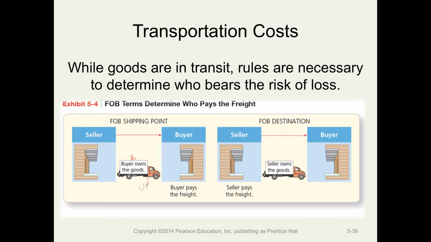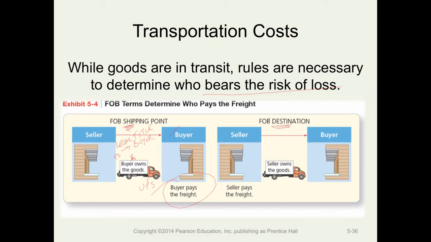So let's say that's UPS. As soon as the goods are turned over to the common carrier, legal title is passed to the buyer, and the buyer pays the freight. And by the way, the buyer also bears the risk of loss here if it's FOB shipping point.